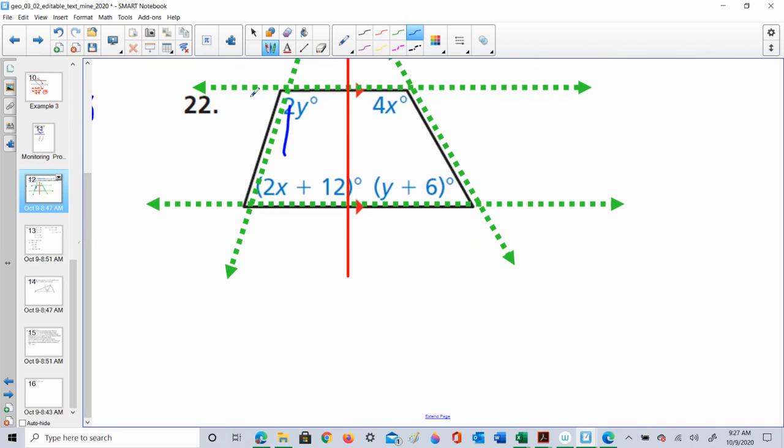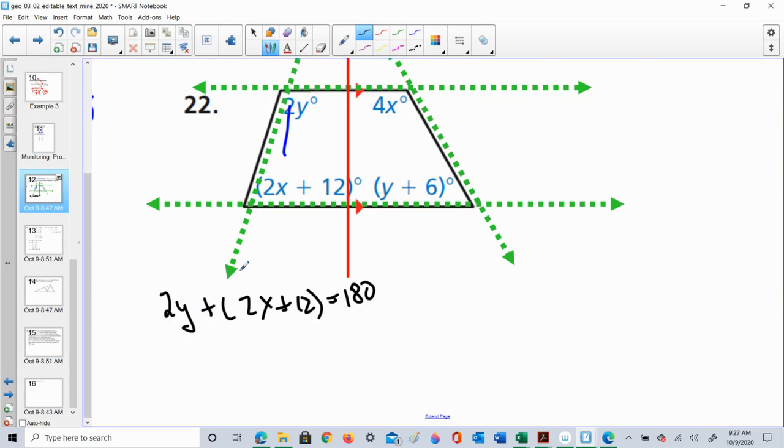Just on this left side, I've got 2y plus 2x plus 12 equals 180. Same side interior angles. I want to get either y or x by itself.